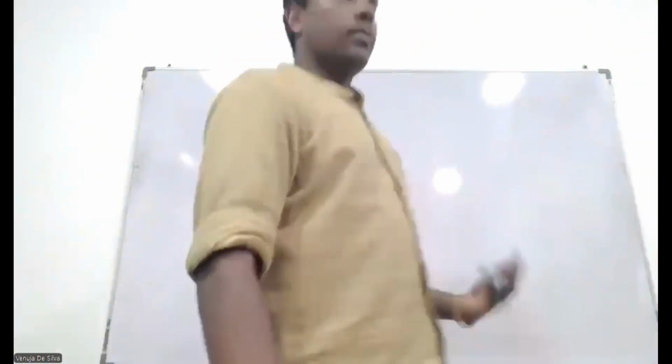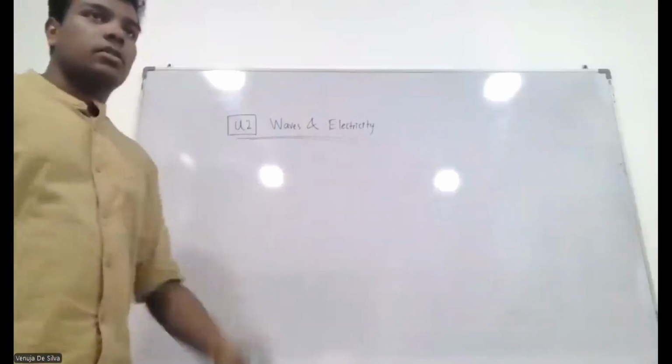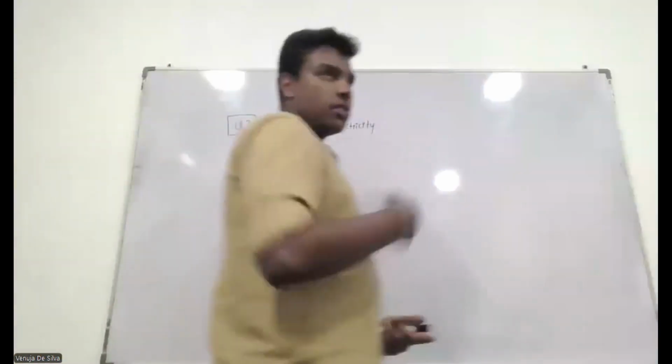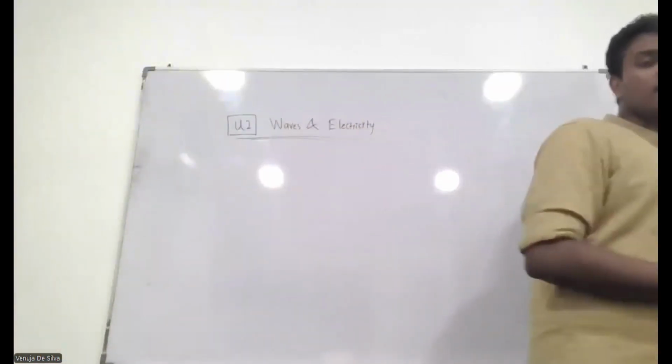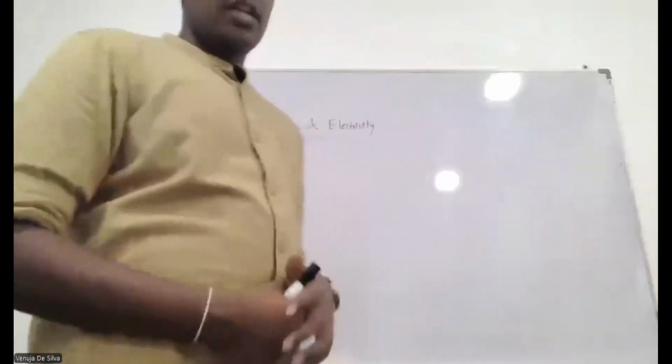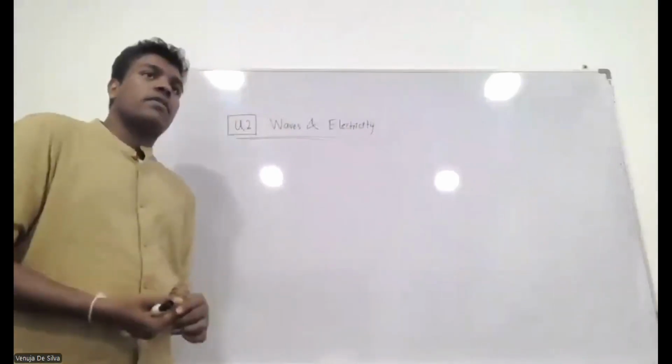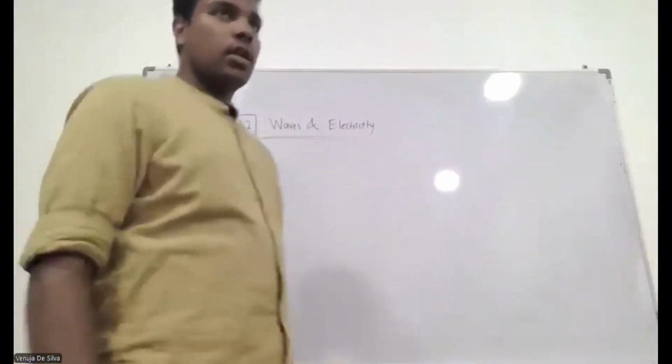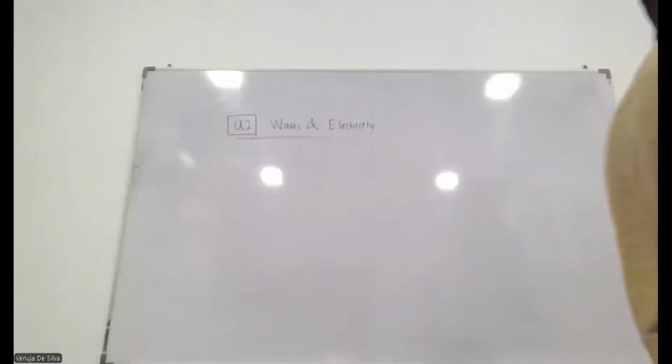So, what are the basic properties of a wave? Wavelength is a property of a wave. Frequency is also a property of a wave. Amplitude is again a property of a wave.